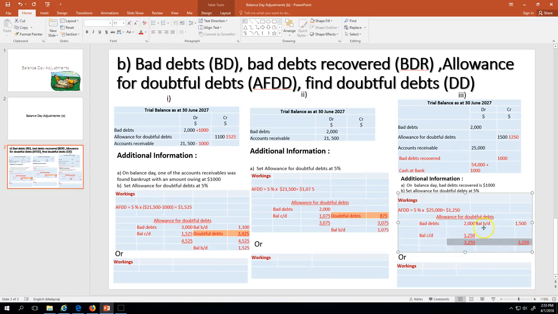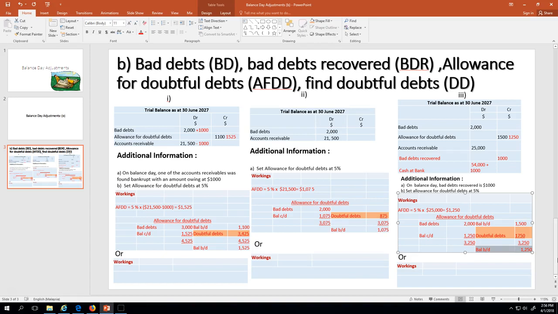Okay, so when we balance the account, we find this doubtful debts, and we get 1,750. So this is the most basic thing you need to understand to do. Alright, the most basic. Why is it so important? Because you are required to have the skill to count AFDD.